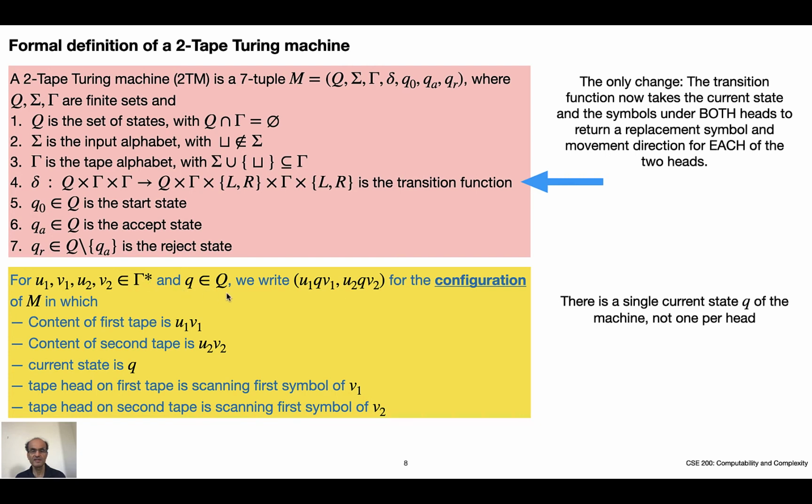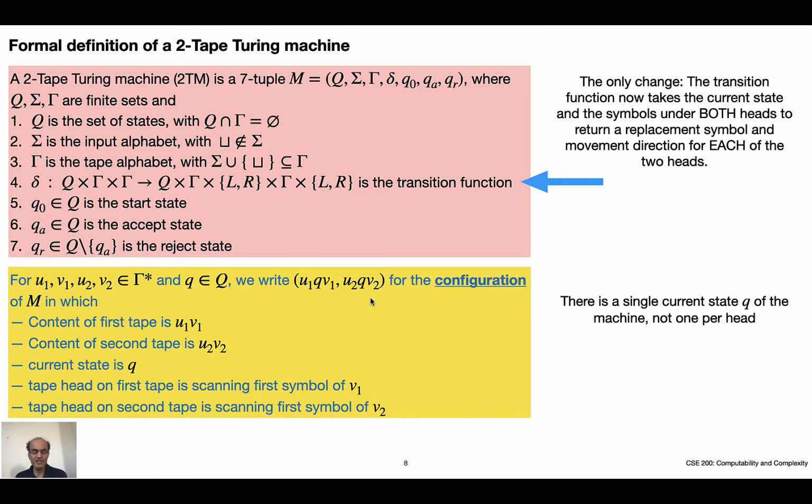Q is a state. And you read this as saying the content of the first tape is U1 concatenated with V1. The content of the second is U2 concatenated with V2. The current state is Q. And the position of Q here says the first tape head is scanning the first symbol of V1, and the second tape head is scanning the first symbol of V2.